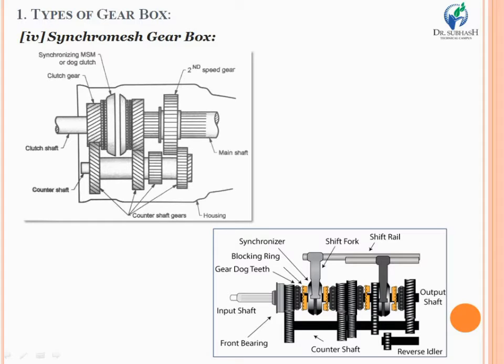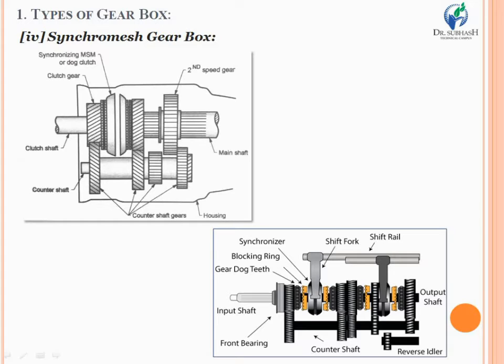So here in case of constant mesh gearbox, in place of a shifter we are using dogs, and sliding dogs are responsible to engage and disengage the various gear pairs required to be joined for the different motion and different kind of torque that we require in order to propel our vehicles.